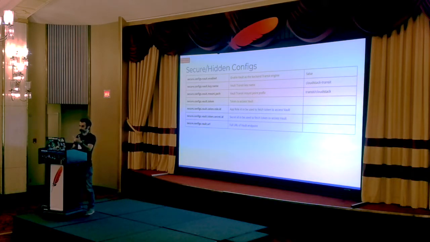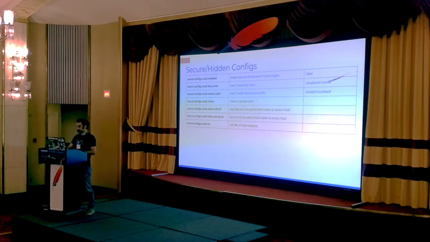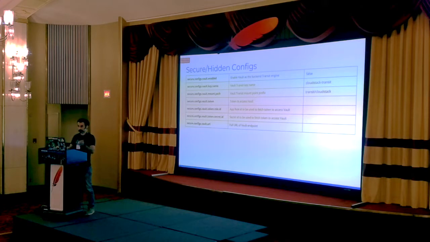That's the name of the key that's going to be generated by the Vault internally, and it keeps track of it. Then the next time you want to decrypt the value, you just ask Vault to decrypt the value for you with that key you already have. This is just a sample name, you can give it whatever name you want. That name is going to be used for encryption and decryption of the values.